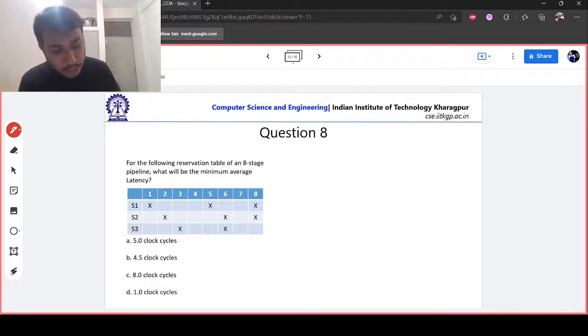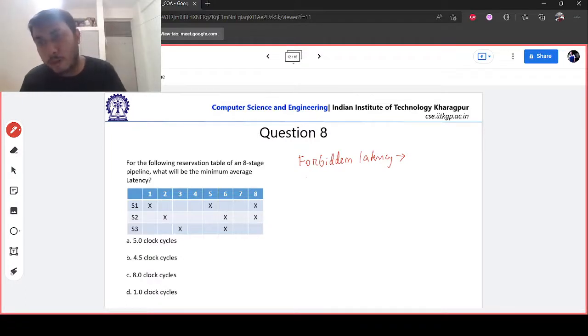So let's start. First you need to find out the forbidden latencies. You have encountered these terms in the lectures. So what are the forbidden latencies here?